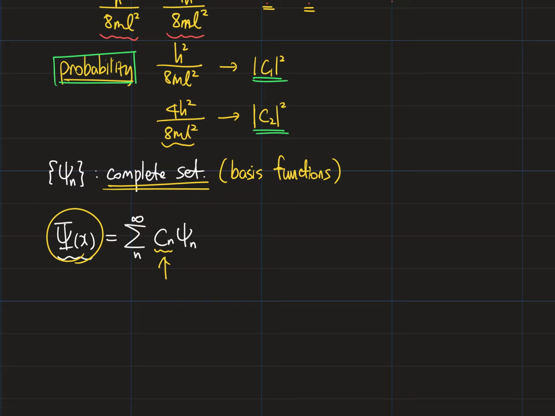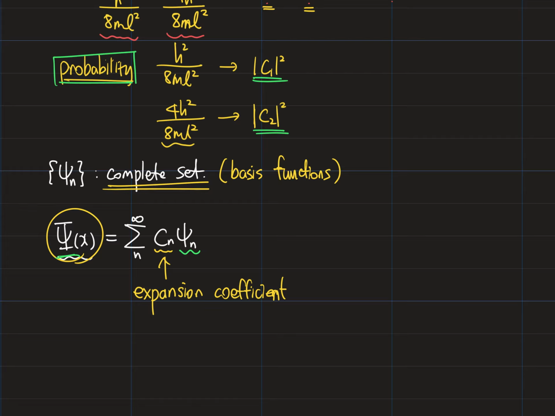Actually, this is not a constant, this is a coefficient. We call it the expansion coefficient. This tells us how much of the eigenfunction psi n contributes to the total state capital psi.